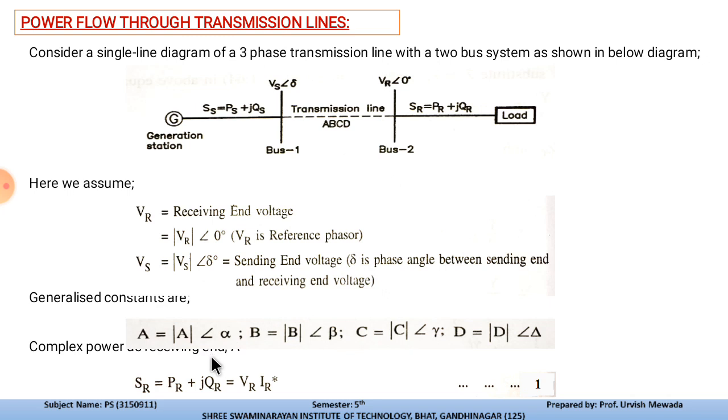Now the complex power at the receiving side is SR equal to PR plus jQR. We can write the receiving end apparent power as VR into IR conjugate. Keep it as number 1.